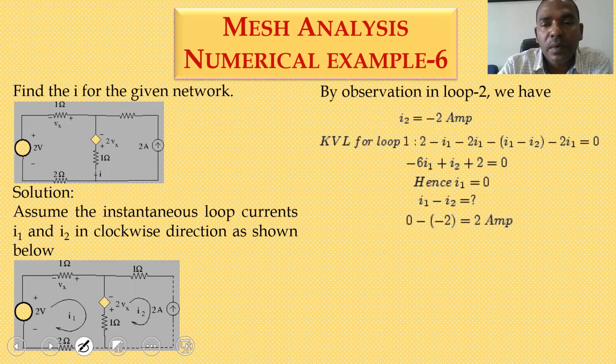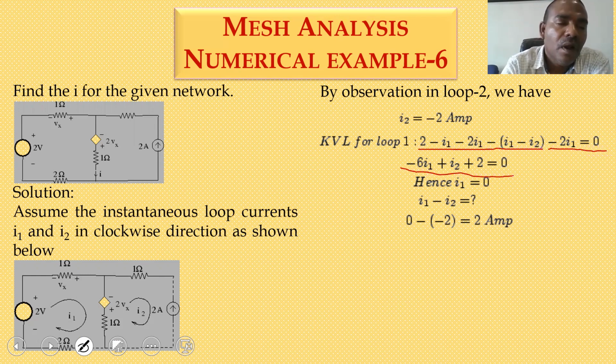So 2 minus 1 into I1 minus 2 into I1 minus 1 into (I1 minus I2) minus 2 times I1 is equal to 0. So this is your first equation. If you simplify this, you can get minus 6 times I1 plus I2 plus 2 is equal to 0.